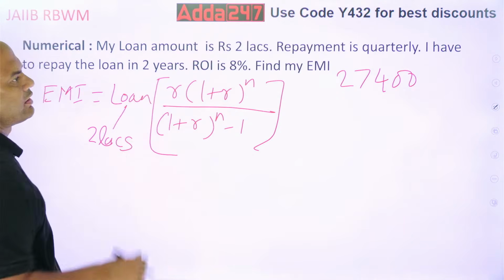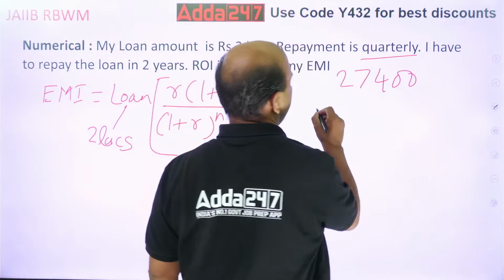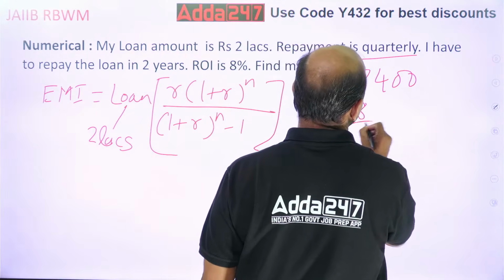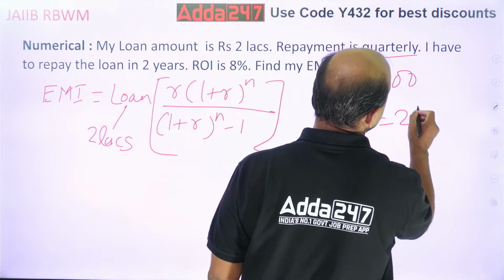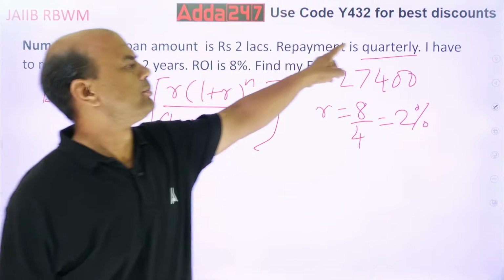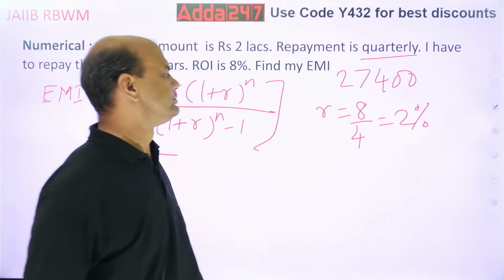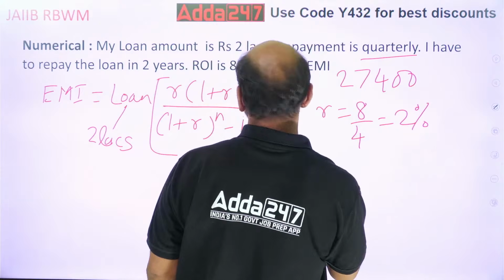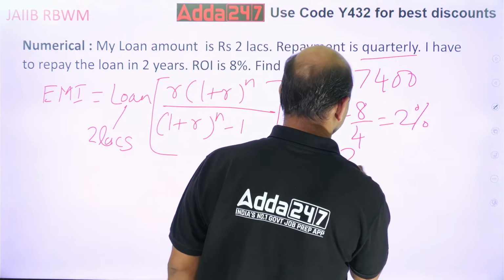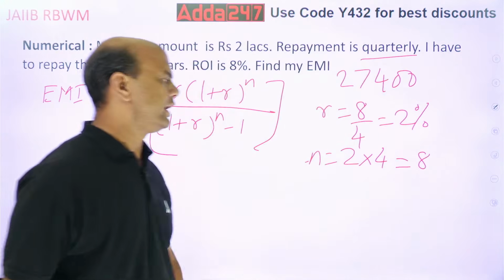What is R? Quarterly repayment. Quarterly means R equals 8 upon 4, 2%, right? 8% upon 4 quarterly, 2%. What is N? N is 2 years, 2 into 4, so 8, right?